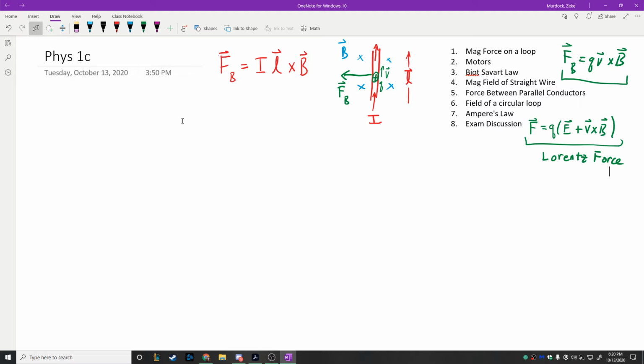That's where we are now, and that's what led Einstein to write down the special theory of relativity, because he realized that you don't need the ether. It's not necessary. And when you get rid of the ether, all kinds of really cool things happen. That's what you'll be studying in 1D if you go there next semester.